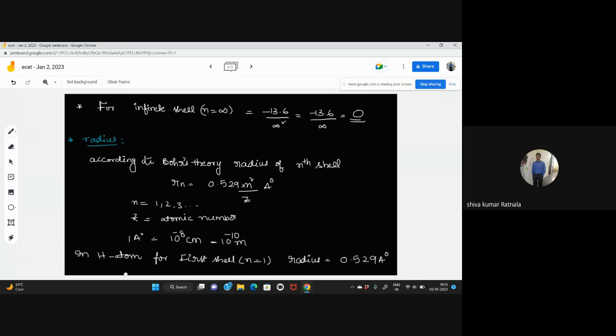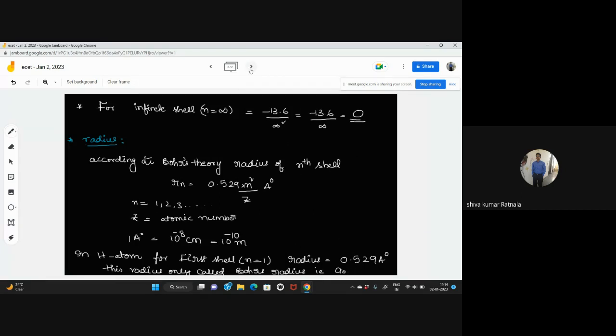Okay, this radius we call Bohr's radius, and it is indicated as a naught.